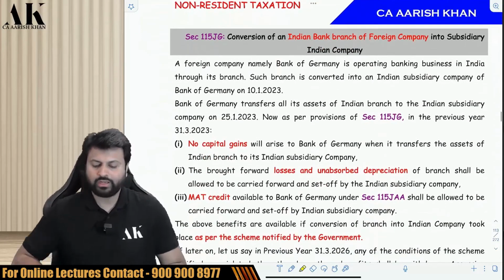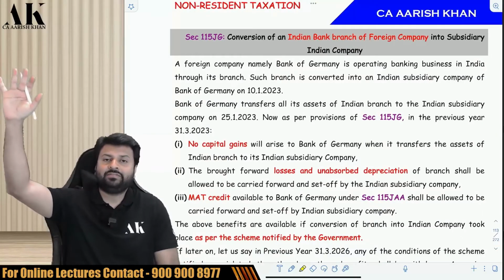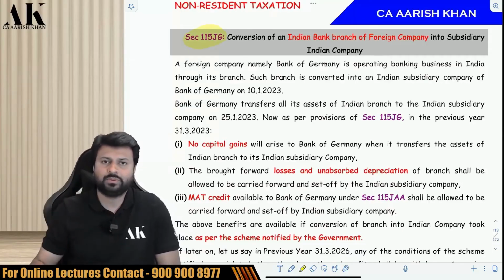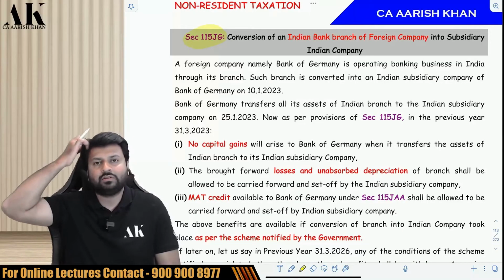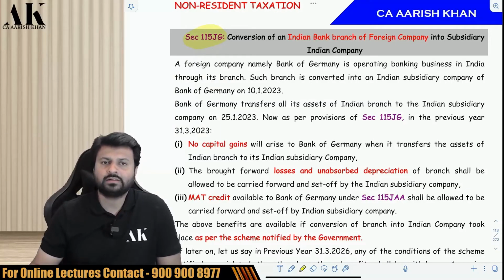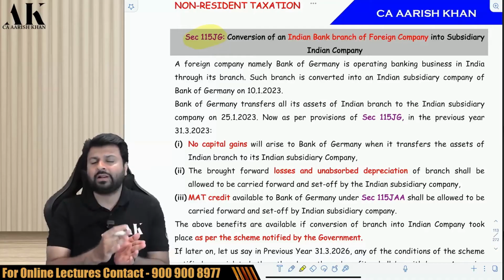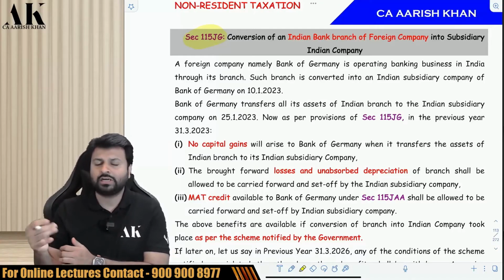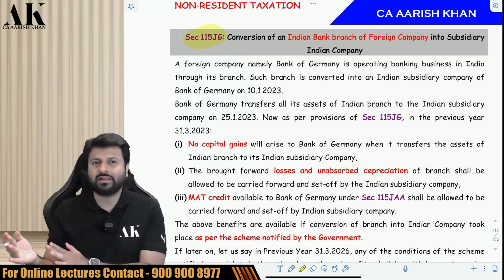Next one is, if a foreign company, next one is also for a banking company only, and it is not for other people. So if there is a foreign bank, say Bank of Germany, having a branch in India, the Indian government is saying, why don't you convert that branch into an Indian subsidiary? So the bank has certain questions. If I convert the Indian branch into an Indian subsidiary, whatever assets I transfer, will you charge capital gains? Whatever losses I transfer, will you allow?